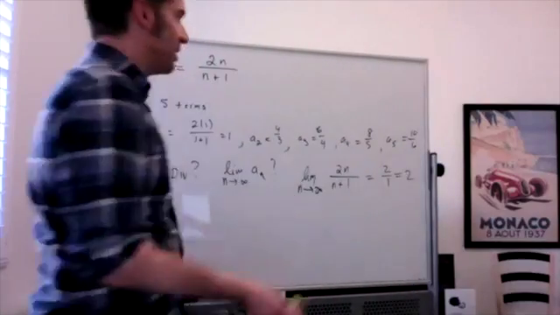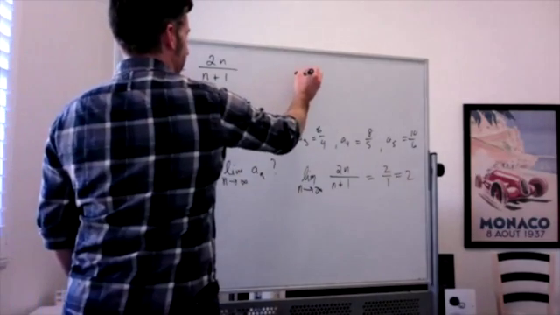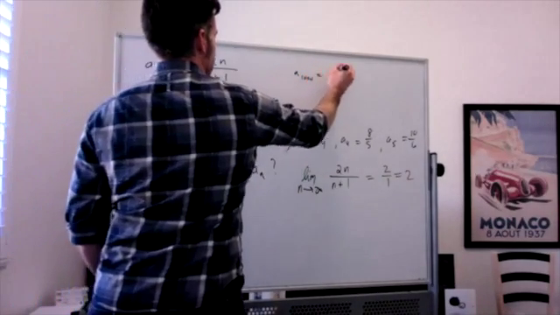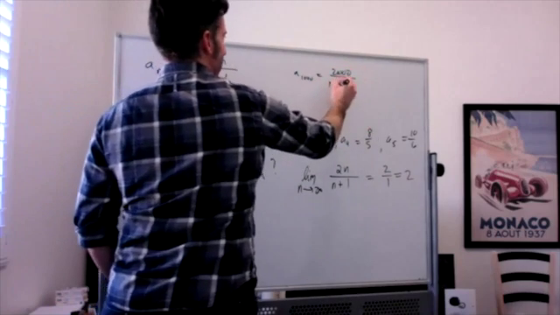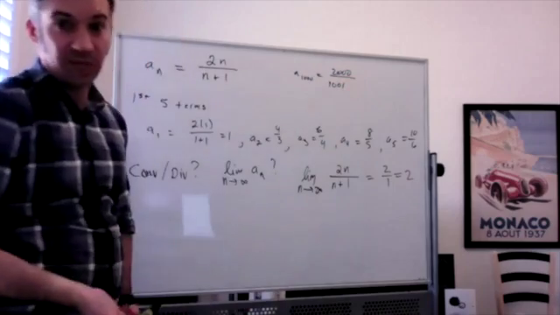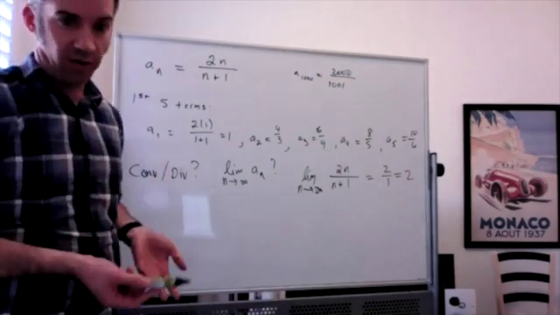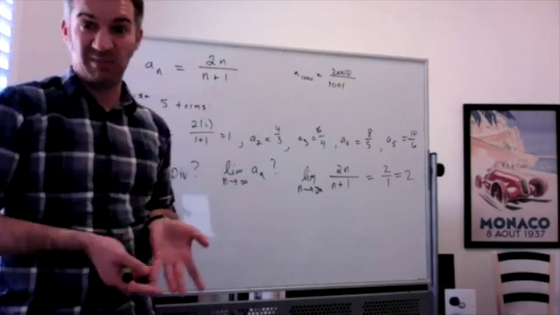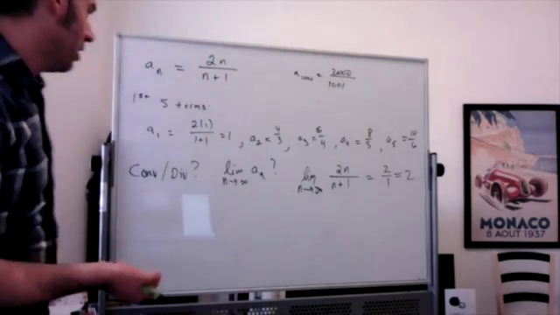You could also see this, right, if you wrote out a lot more terms. Say the 1,000th term is 2,000 over 1,001, which is pretty close to 2, right? We can see that, oh yeah, as you let n get very, very large, the top is about twice as big as the bottom, so the limit is getting closer and closer to 2.